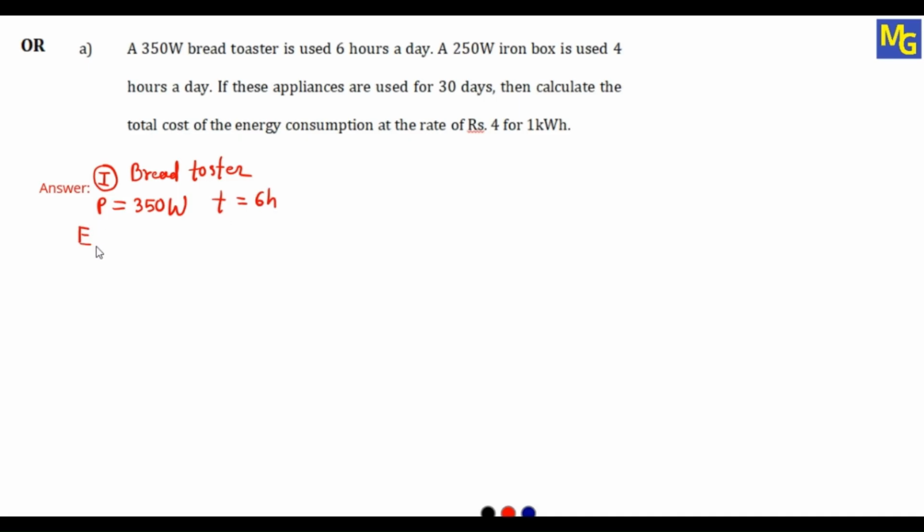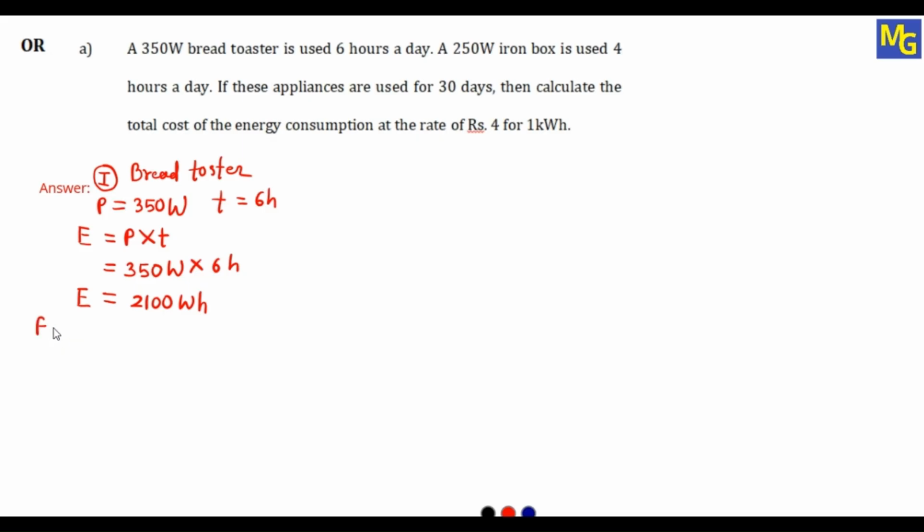We know the formula, we have solved it in our earlier question. So energy is equals to power into time. Substitute power, that is 350 watt, and the time is 6 hours. So the answer for energy will be, multiply 350 into 6, it will be 2100 watt hour. So this is the answer in watt hour.